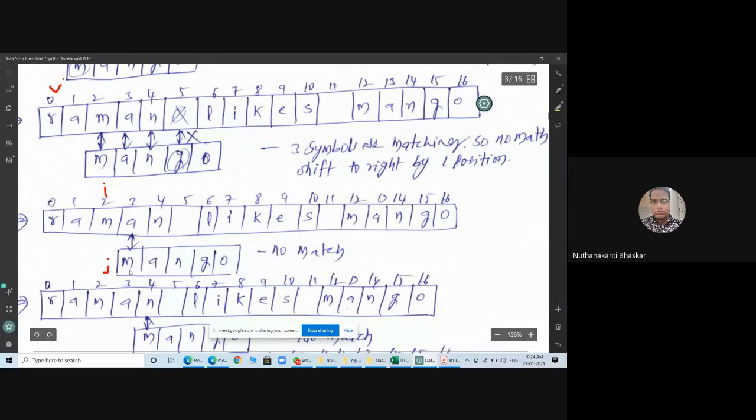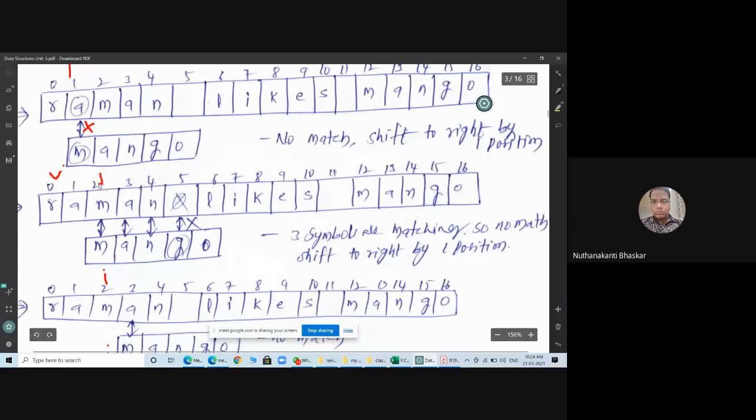Now M is matching with M. It is matching, so the j value is incremented by 1.